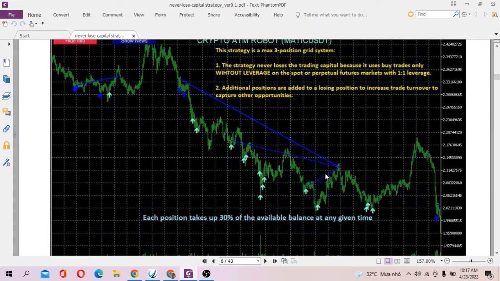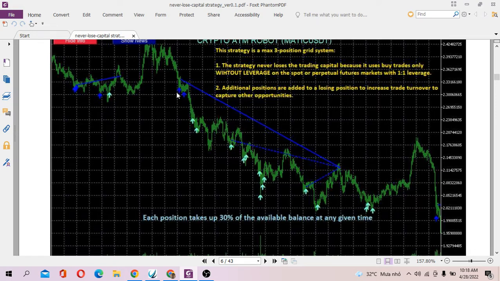So there are a maximum of 3 trades at the same time. The purpose of placing a couple of additional trades is to increase the trade turnover, to get out of the losing positions fast and capture other opportunities coming. So the strategy works very well.